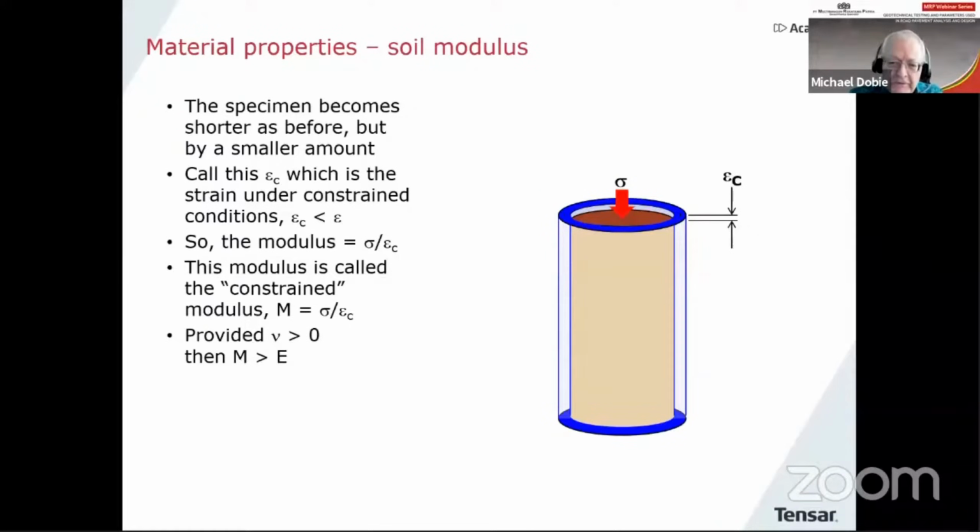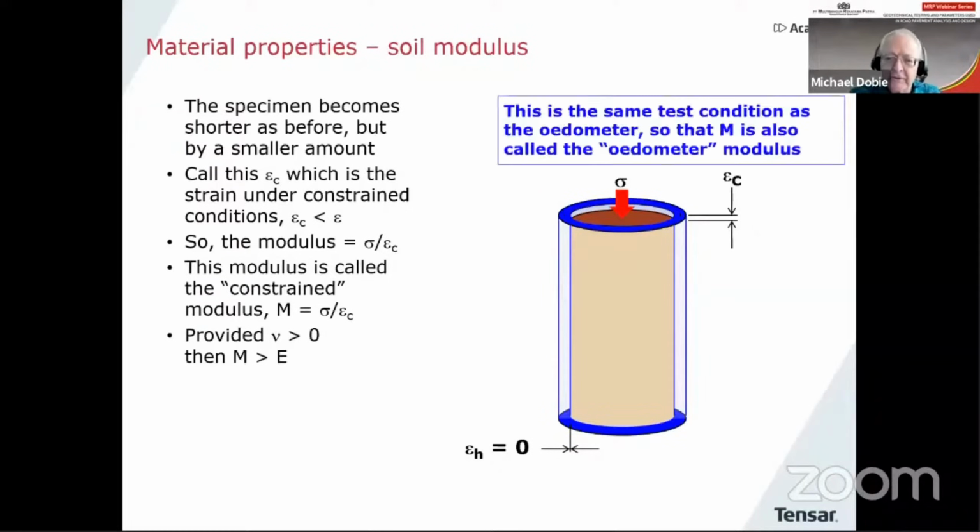And we can then, again, calculate a modulus, which we call M. It's a constrained modulus. And provided Poisson's ratio is greater than 0, then M will be greater than E that we calculated previously. And of course, because it's constrained, the horizontal strain must be 0.